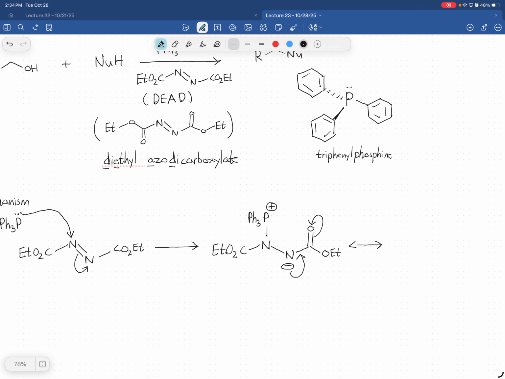So this structure is favored by resonance: EtO2C, N, P+Ph3. And this N is stabilized by resonance, so we're going to draw this structure like this.